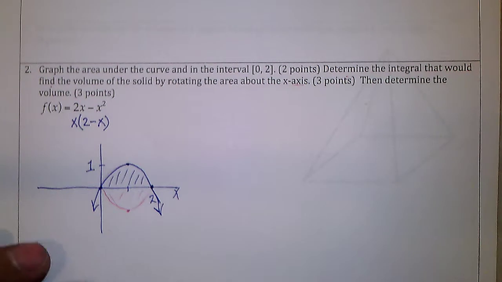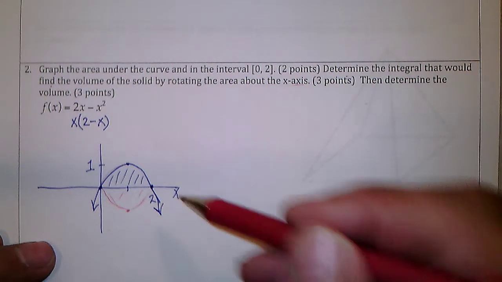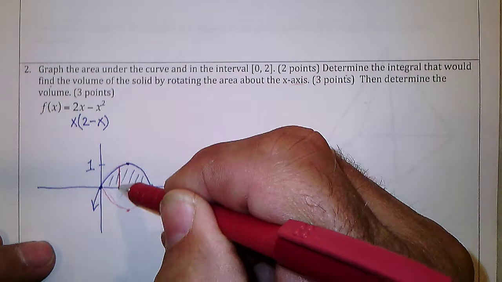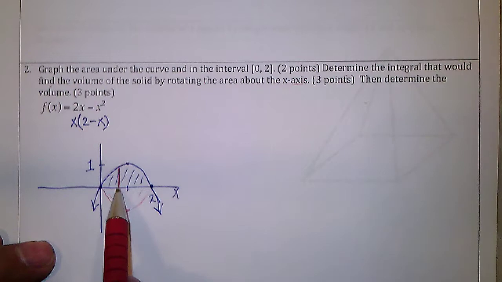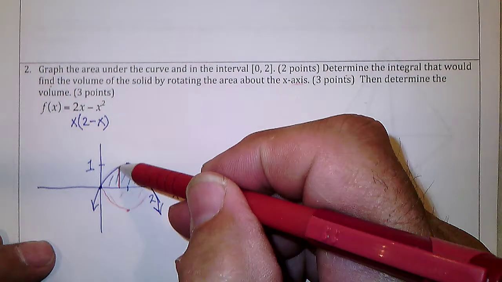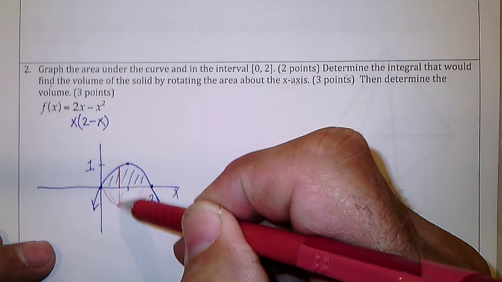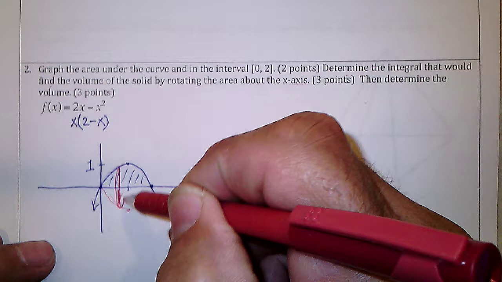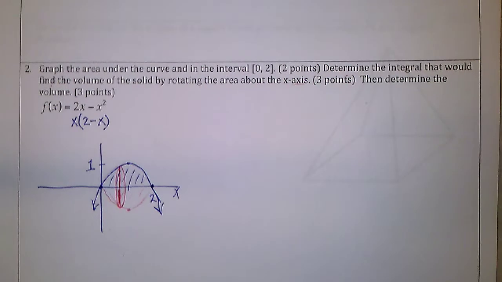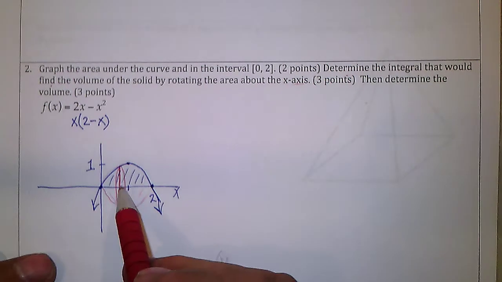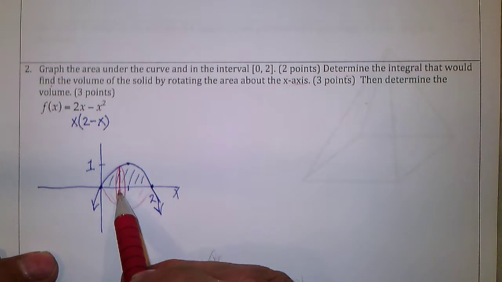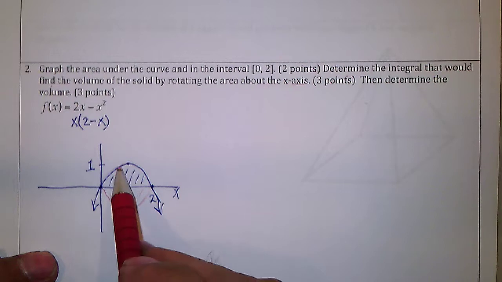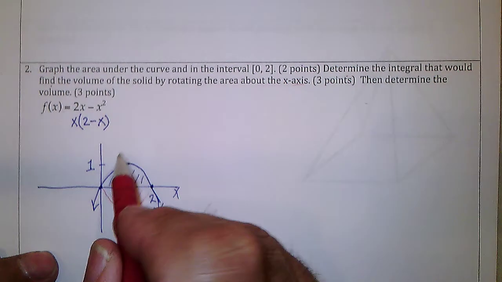Now, probably the easiest to do on this is what we did first. A slice, which then would have, and I'm slicing it this way, and it would spin around and come down to here. And so it would make a circle. And so to find the volume of this slice, this disc, we'd have to do the area of the circle times the thickness.